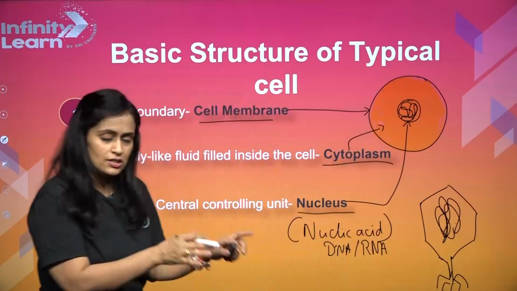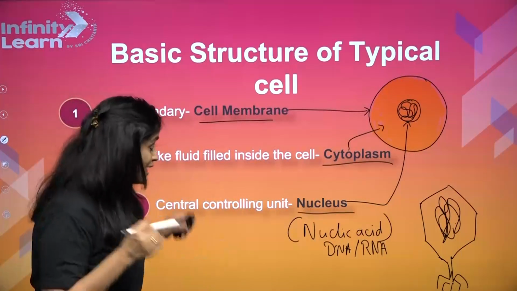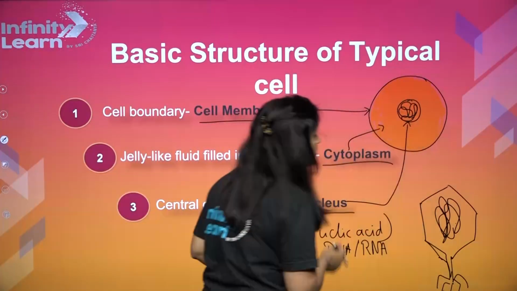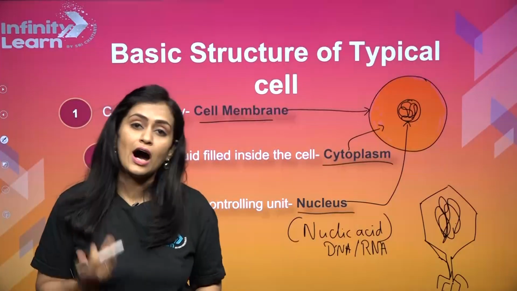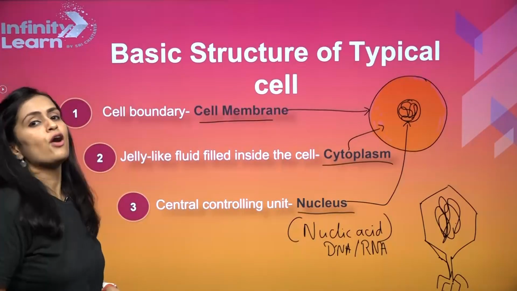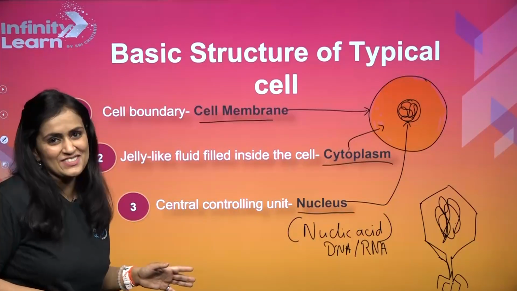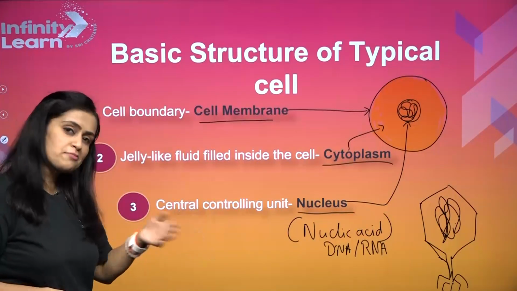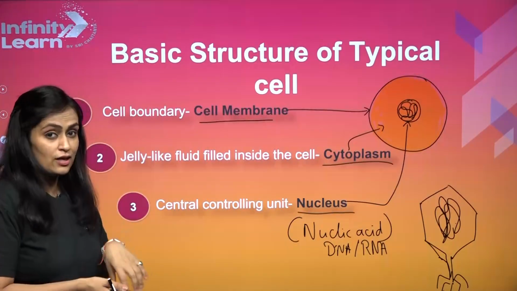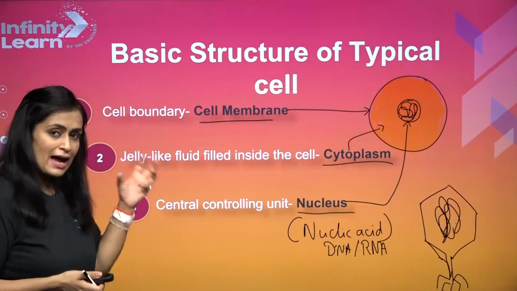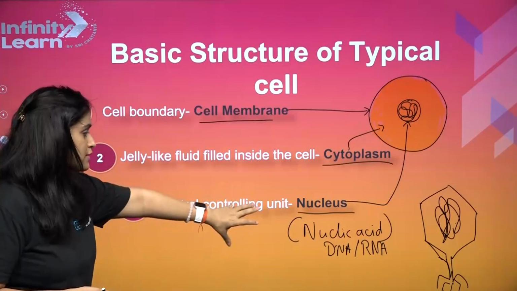That's it. So it doesn't have cytoplasm, nothing. That is why it is always a topic of debate in the scientific community whether these viruses are living or non-living. We would rather say that's a link between living and non-living substances, right? So outside the body, they are metabolically inactive, and inside the body, they start to develop and reproduce, right, by hijacking our DNA. So that's why there's a debate over there.